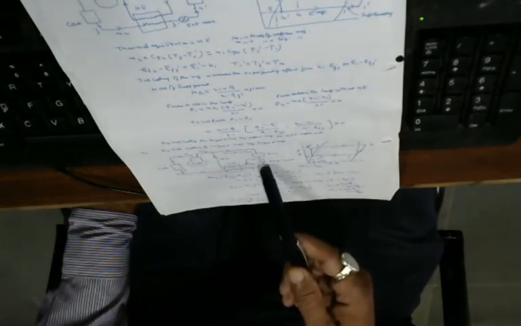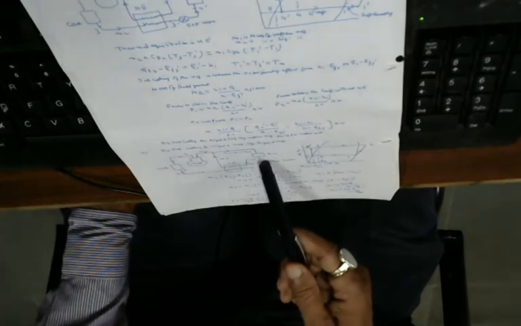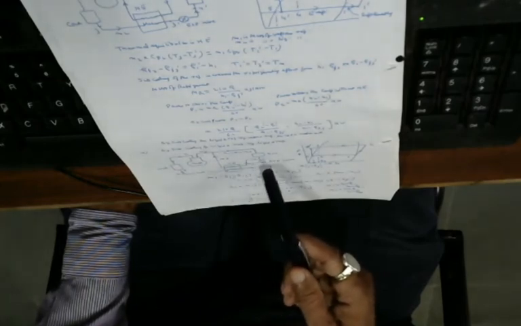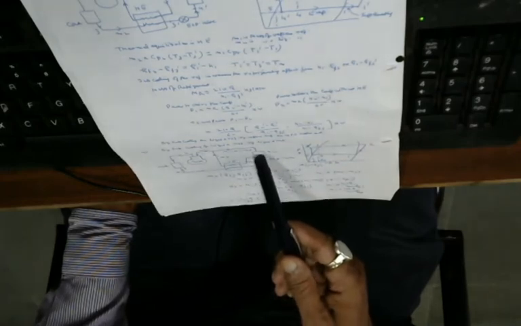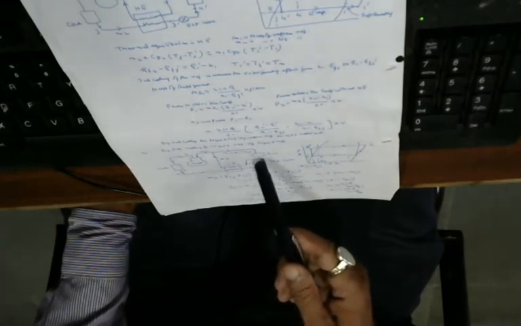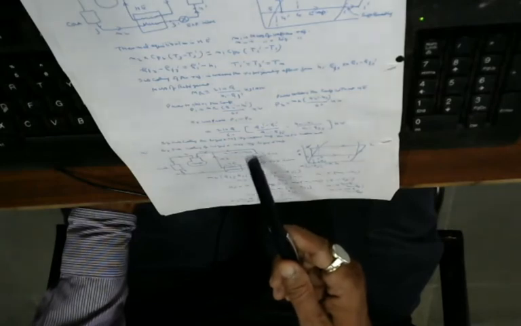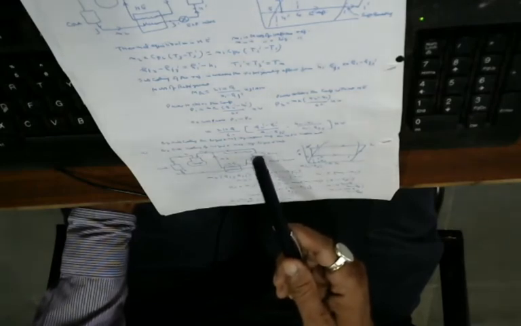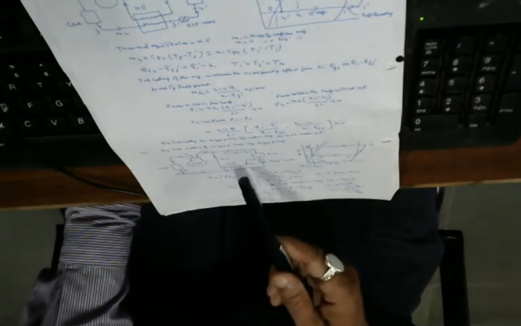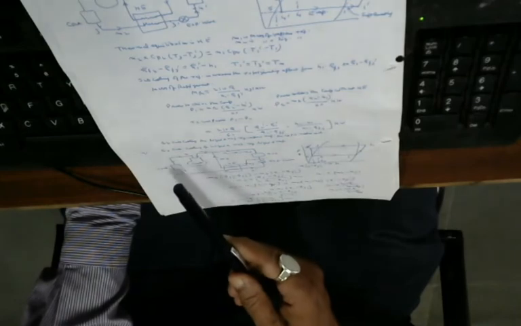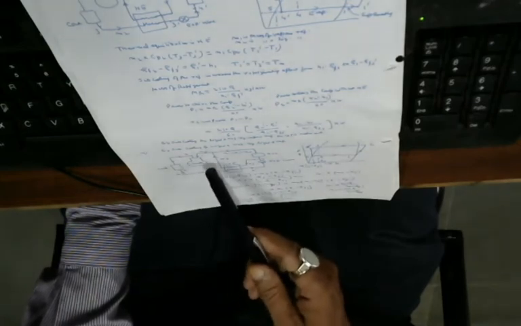While the liquid refrigerant is allowed to go to the evaporator, and from the evaporator it converts into the vapor form, then it is allowed to go to the compressor. So in that way it is a bit different from the previous one.